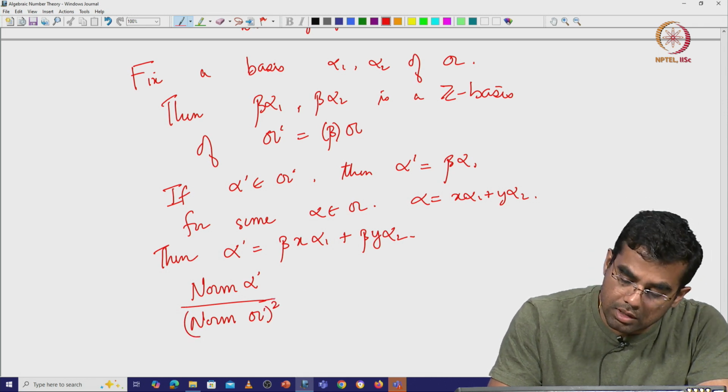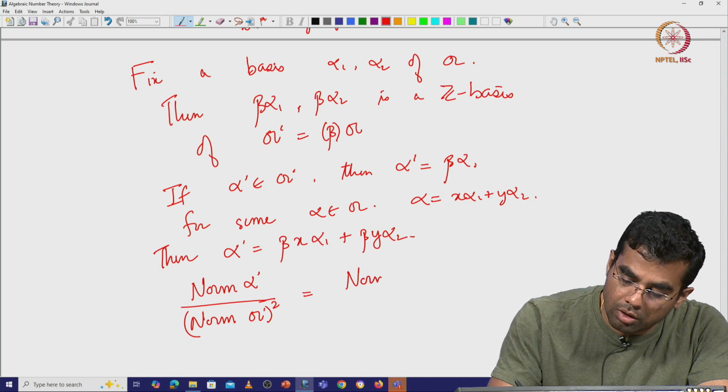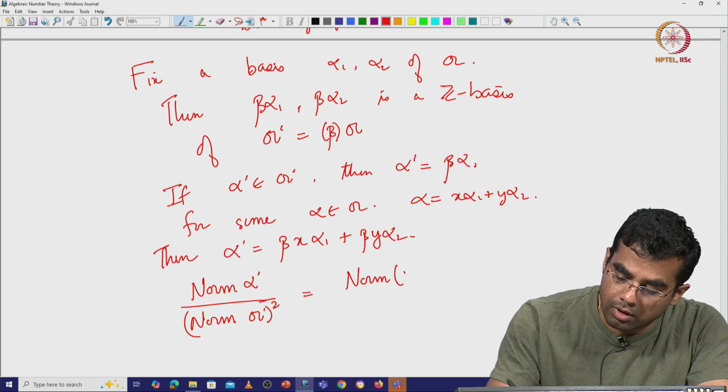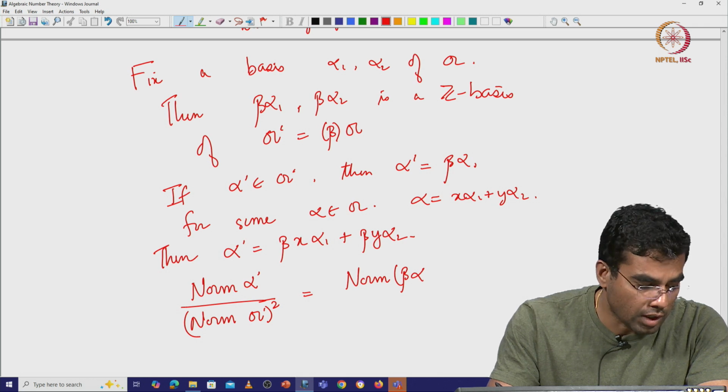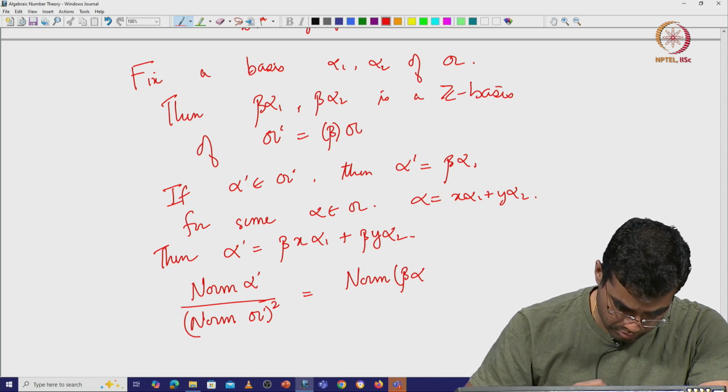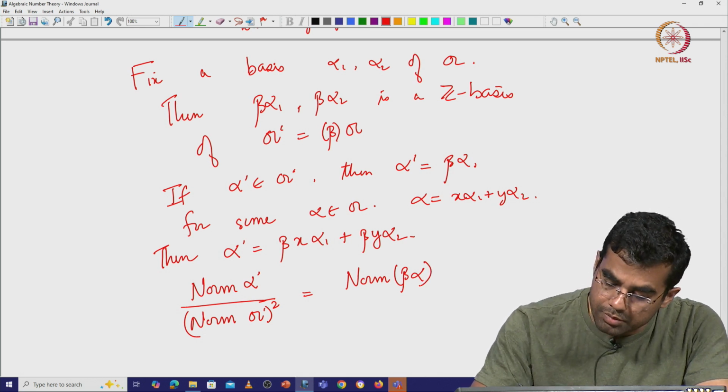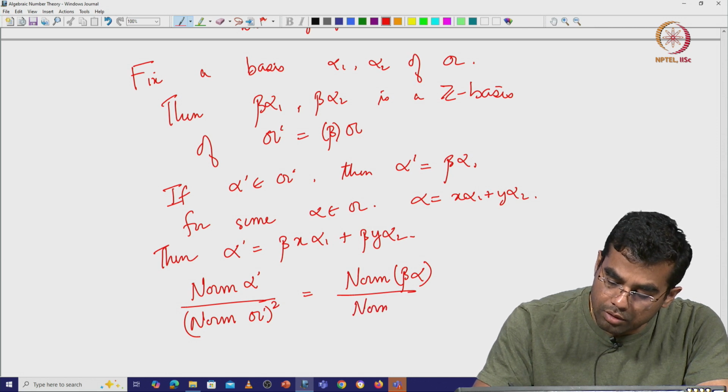What is this? This thing is simply the norm of beta times alpha divided by the norm of A prime squared.